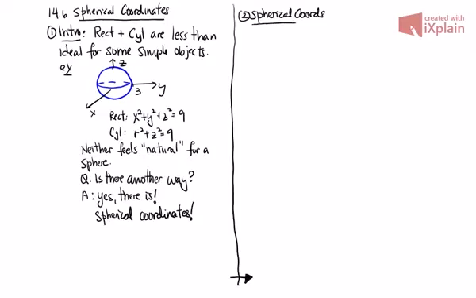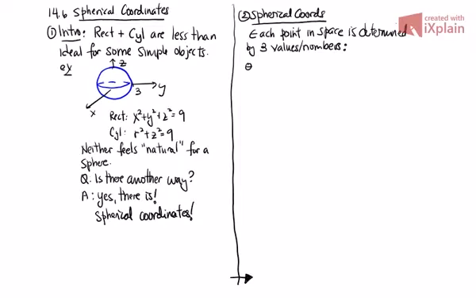So here's how it works. Every single point in space is determined by 3 values, just like before, but they're different now. So what those are is the following.